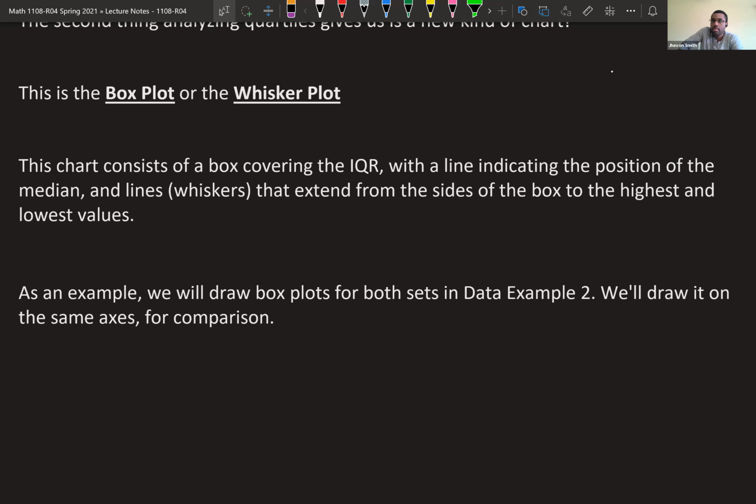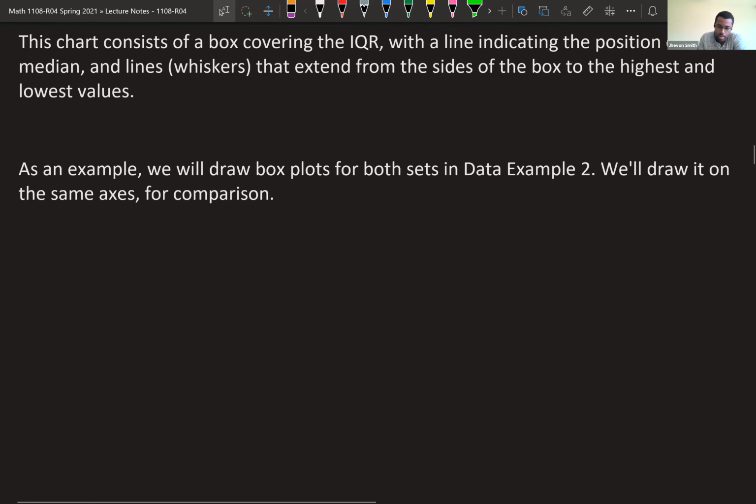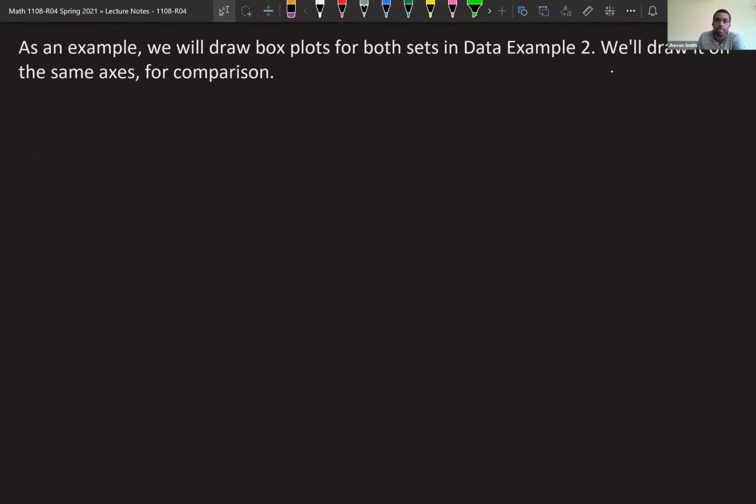You'll have a line slicing through this box representing the location of the median, and you will have two whiskers extended from either side. That goes all the way down to the lowest value and all the way up to the highest value. This diagram can also be turned vertically sometimes, but horizontal is pretty common as well, right? So for example, let me draw box plots for both data sets above.